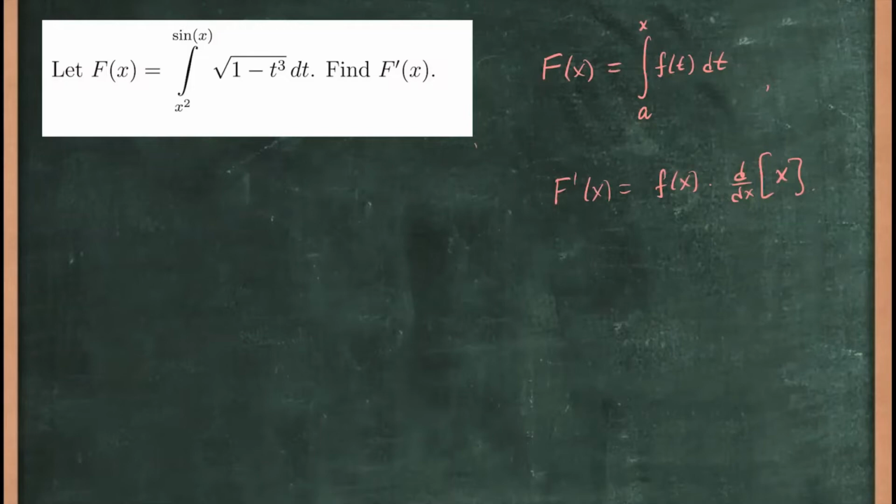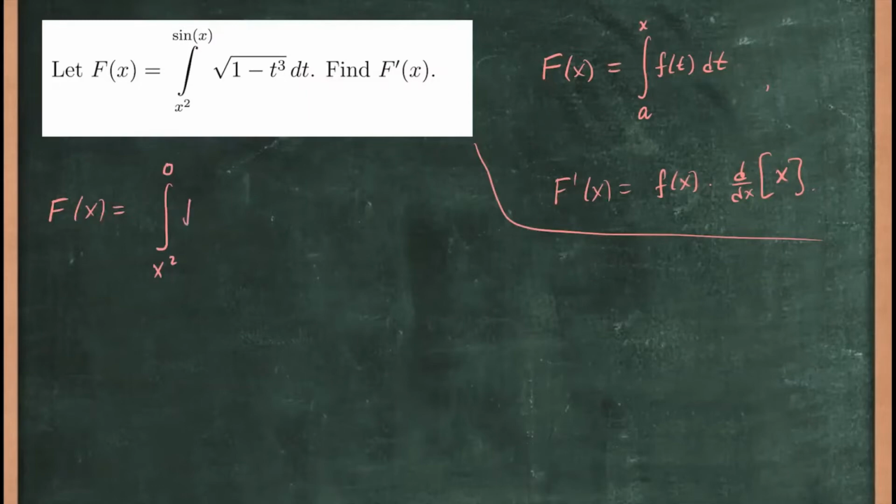So using that for this particular problem, I need to make sure that the lower limit here is a constant, a number. So that means we're going to split this integral into two pieces before we even differentiate. So big F of x is equal to the integral, first I have x squared, and I'm going to choose 0 for the lower limit. It's convenient, you can choose any real number really.